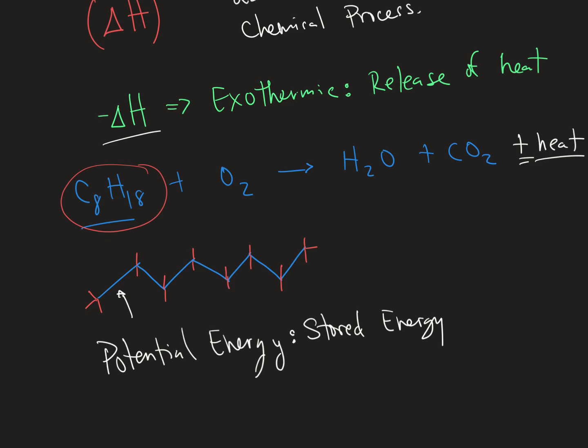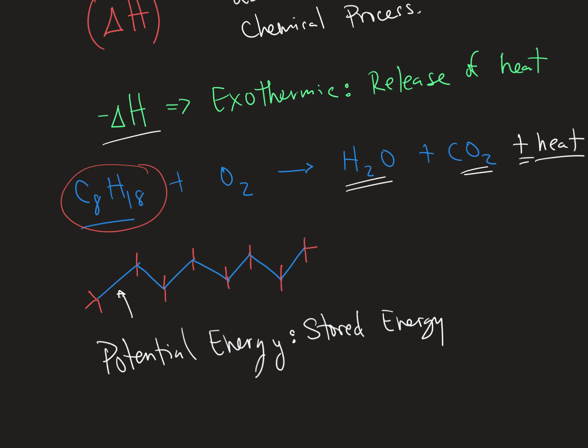But what happens is, if we're in the presence of oxygen and we give it a little teeny spark, all of those bonds break down. A couple of them form to make water and carbon dioxide, but most of them are broken.